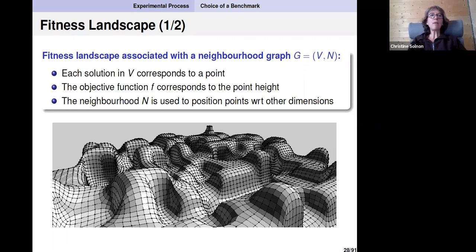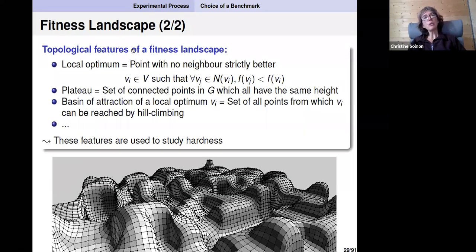And so this fitness landscape is used to compute some topological features. For example, a local optimum is a point for which no neighbor is strictly better. For example, here on top of this hill, I have a locally optimal point, and also here. And finally here, I have a locally optimal point, which is also the global optimal point.